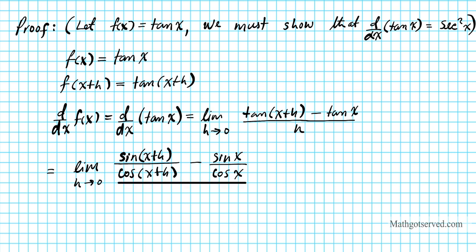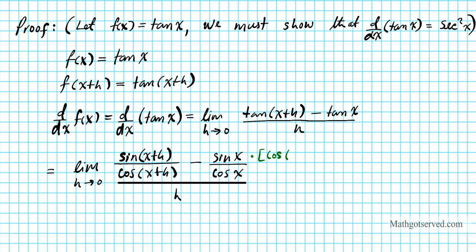Okay, now we have that fraction in the numerator, which is going to be divided by h. Now, what I'm going to do is find the LCD in the numerator and then combine the numerator as best as I can, and then resolve the denominator with this denominator here. So what is the LCD here? This is cosine of x plus h. The LCD is cosine x times cosine of x plus h. So I need a cosine of x plus h here, so I'll insert it top and bottom.